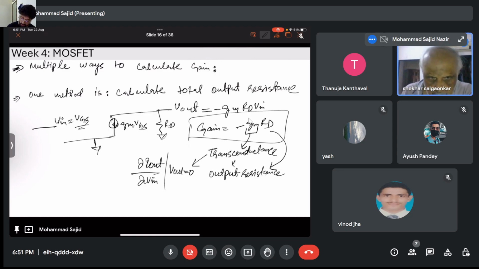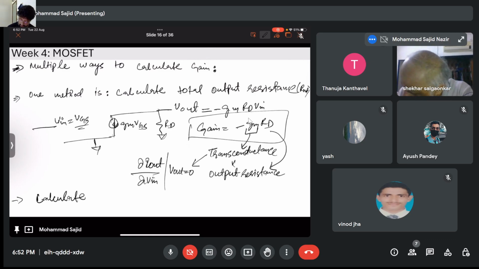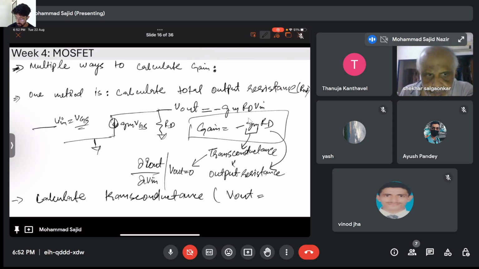Now the method is to calculate total output resistance, that is R out, and calculate transconductance. You have to keep V output equal to 0.